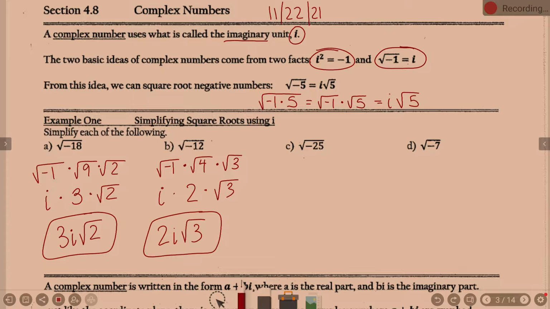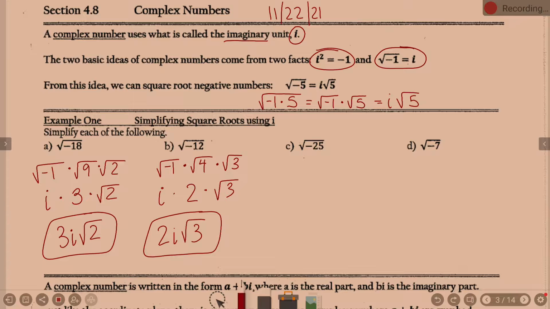Okay. 2 more. And that will end class, I guess, today. Okay, square root of negative 25. Again, I'm going to ask the same questions every time because I like to try and train your brain's thinking on what questions I need to ask. What's the first thing you see? A negative.